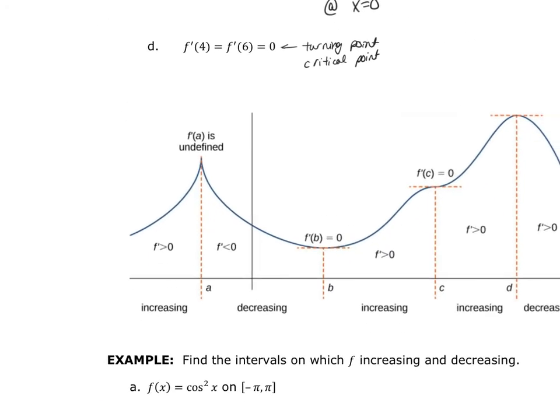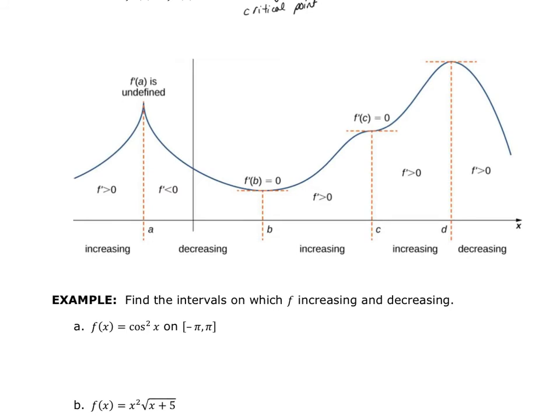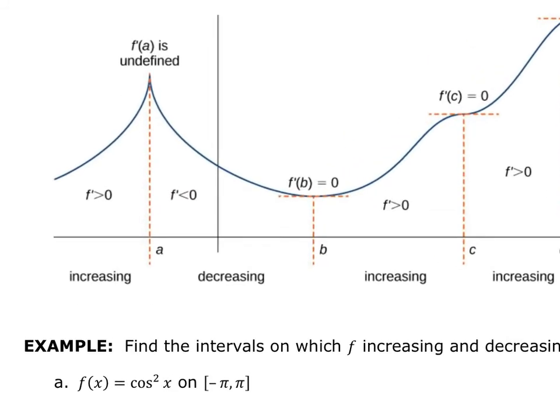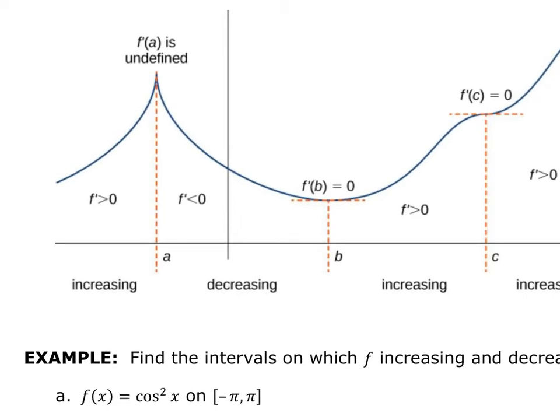Okay. So as we take a look at this, here's an example in which the derivative is greater than 0, and you can see the derivative being greater than 0 in this region here. I am going up the hill. In this region, my derivative is less than 0, so I'm going down the hill. My derivative is not defined at that point, so I know that it is a peak in a corner.